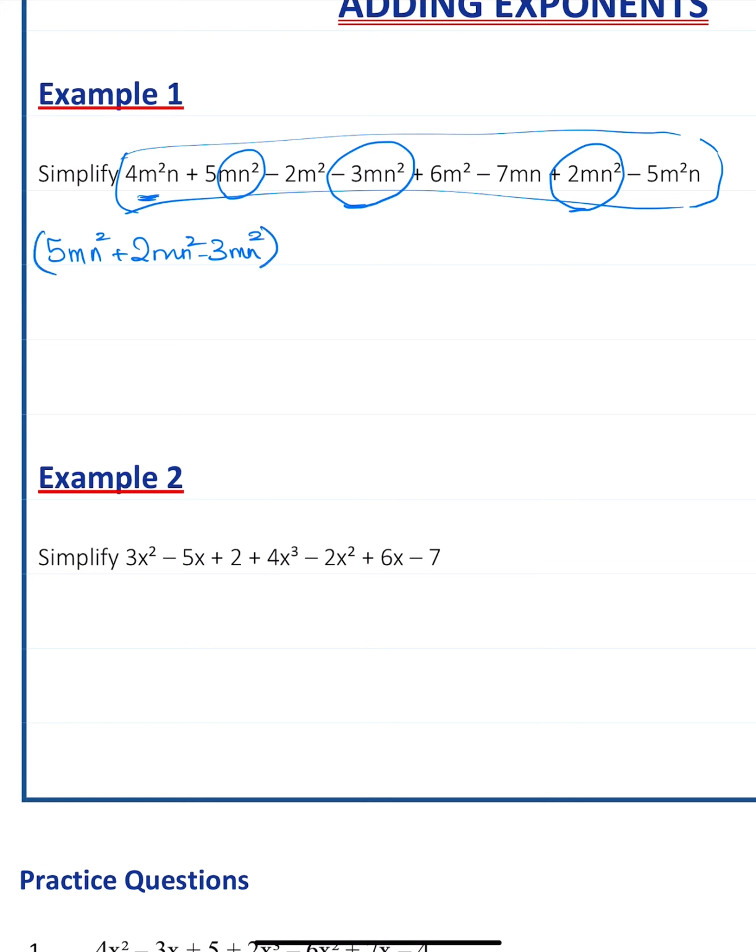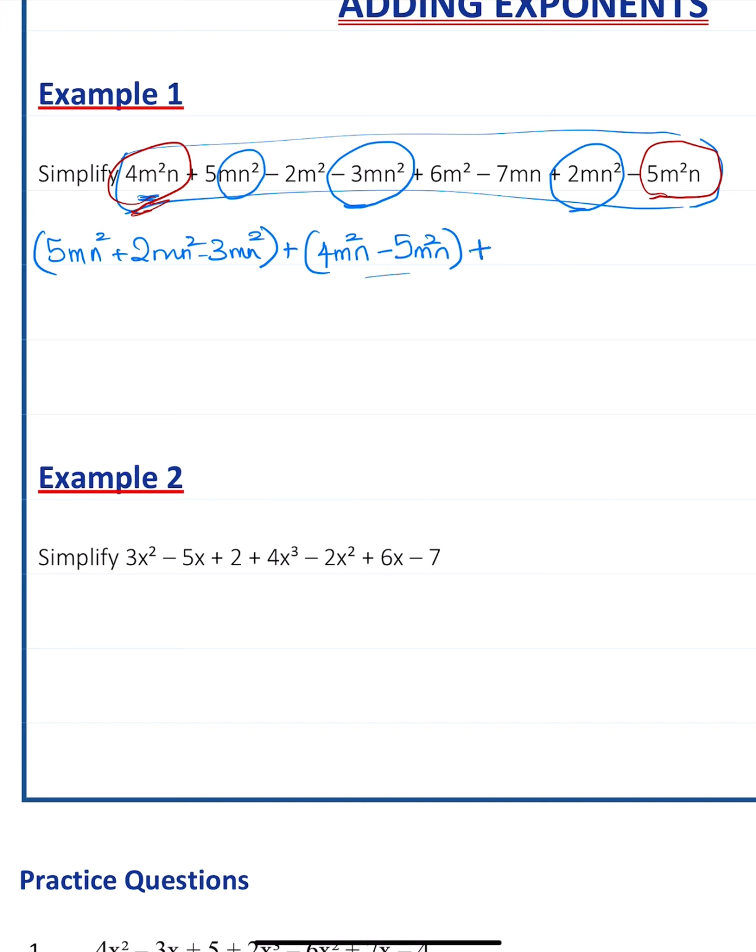Okay, so it's your first term, and then first group, and then I'm gonna add, let's go with the m squared n's. So we've got one here and then another one right here. So let's add those in. 4m squared n minus 5m squared n. That's one group. So these are like terms.